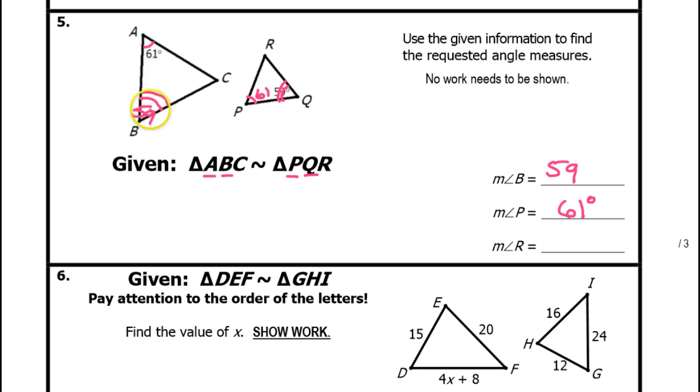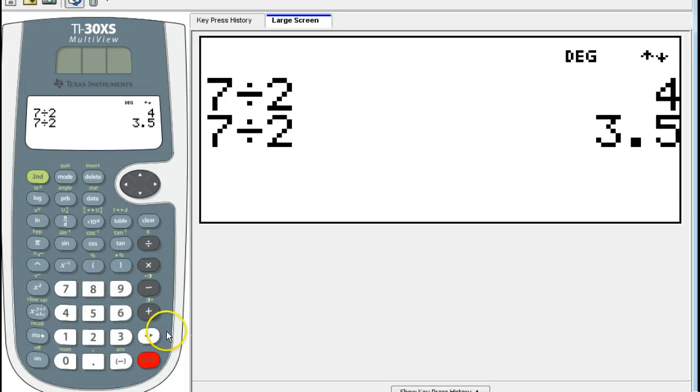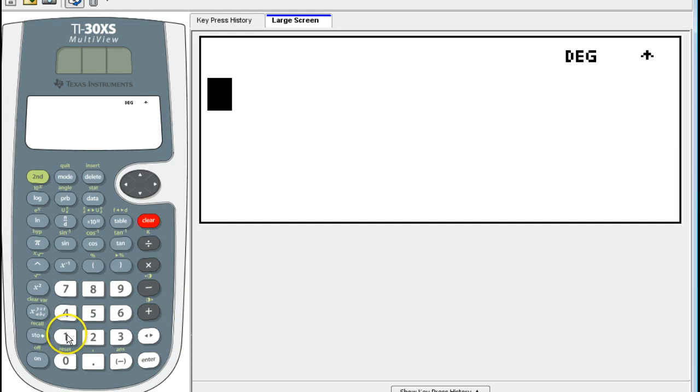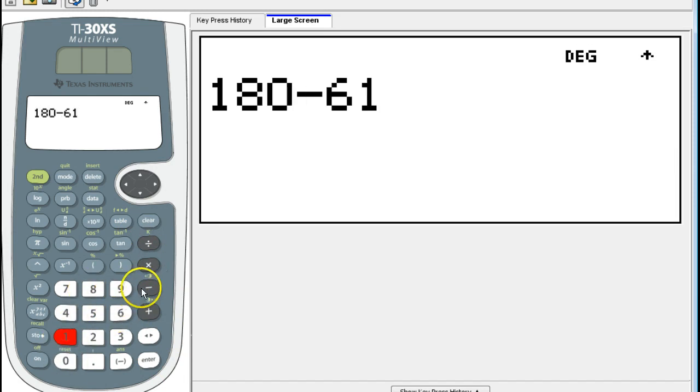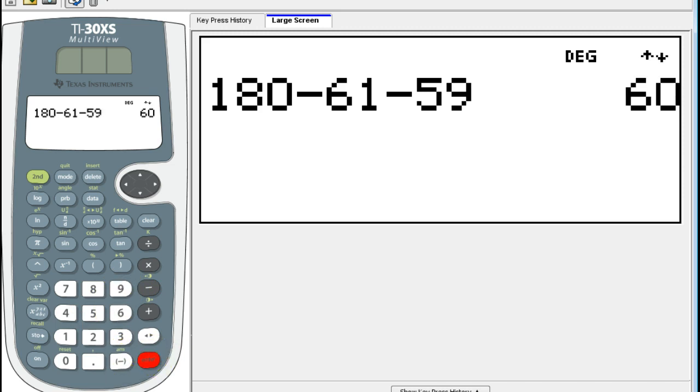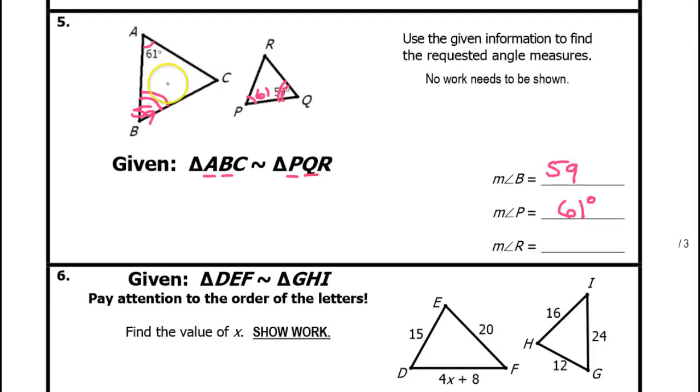So I've got 61 and 59. If I start with 180 and subtract 61 and 59, I get 60. So angle C must be 60 and angle R must be 60.